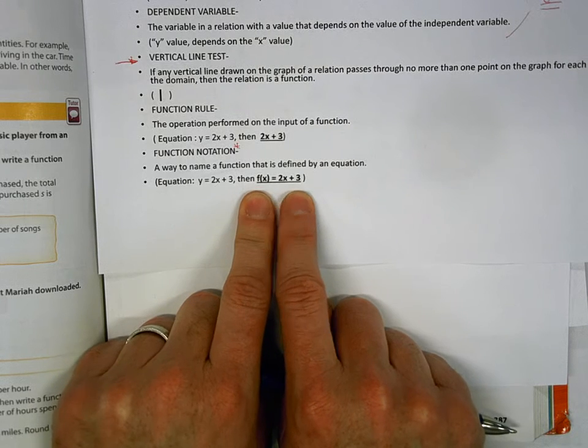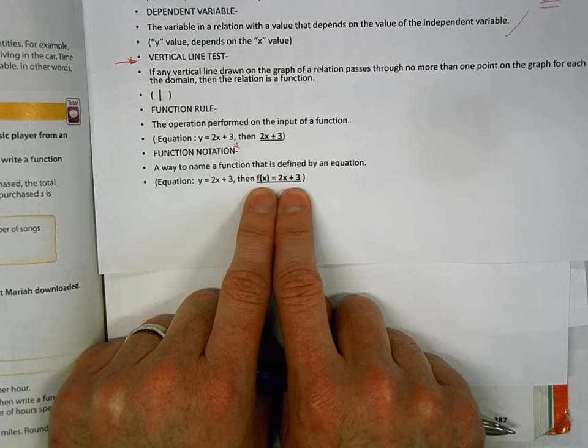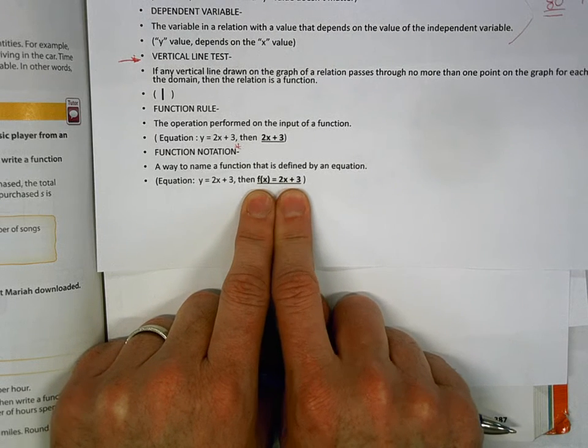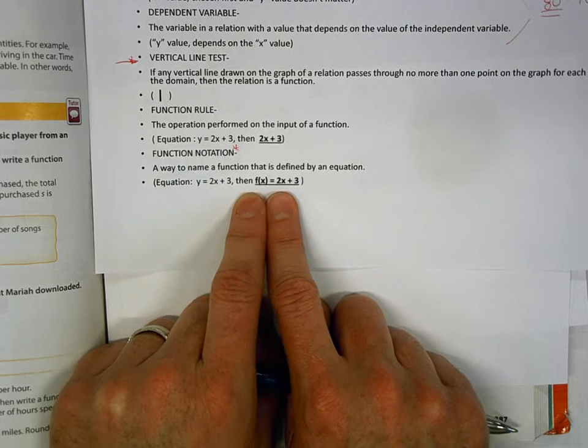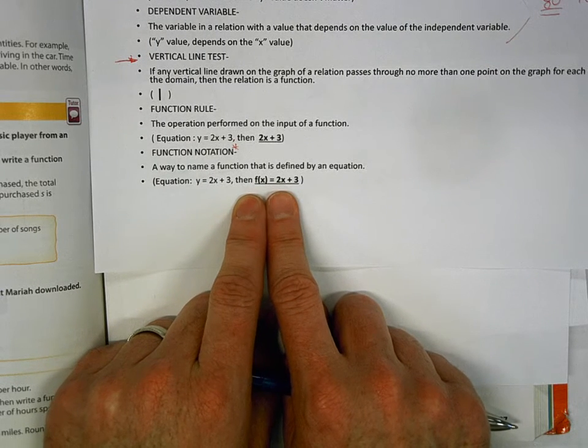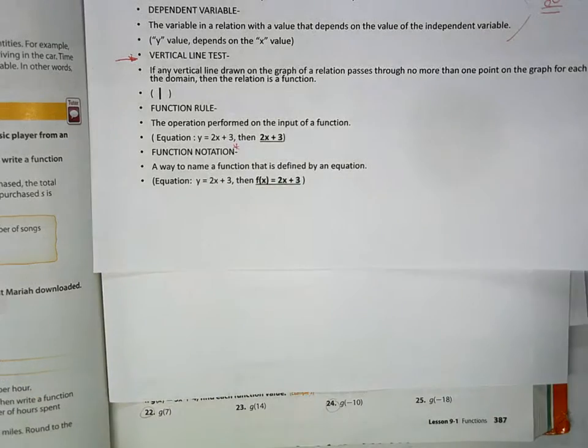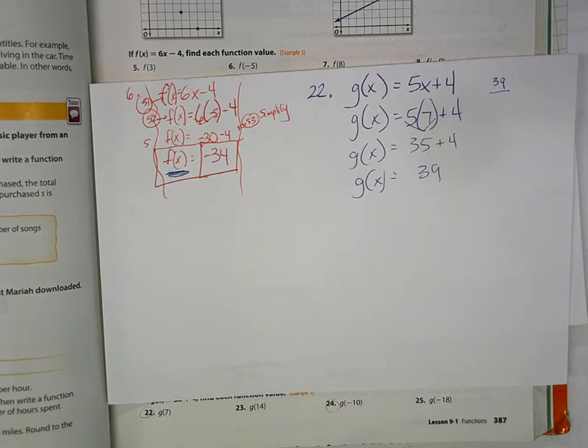We'll talk about it later if you want, but right now you just want to get used to it. That's just how functions are written. That's a good question. Other questions? Okay, let's take a look at one more.